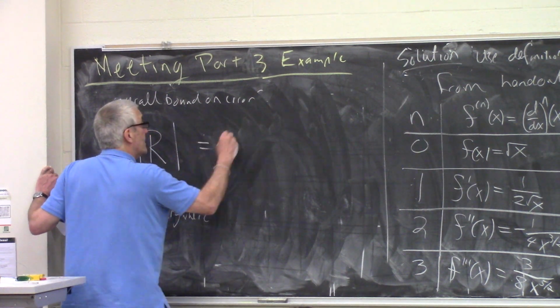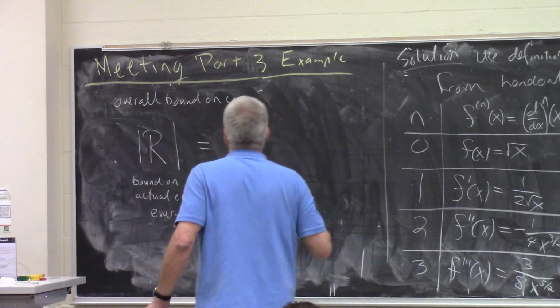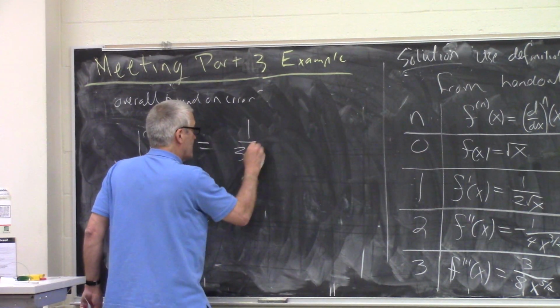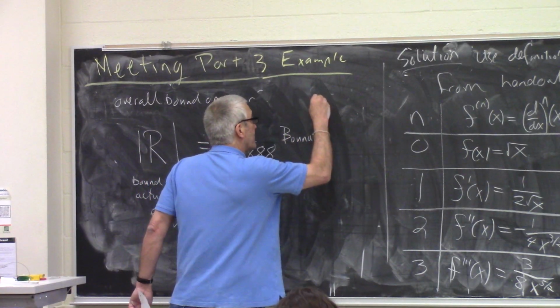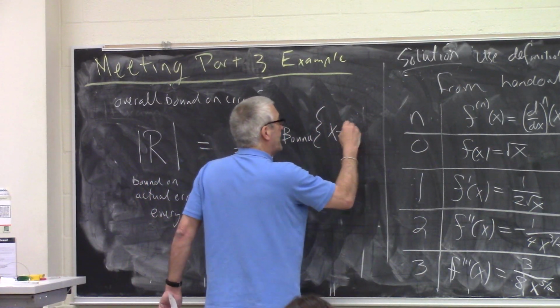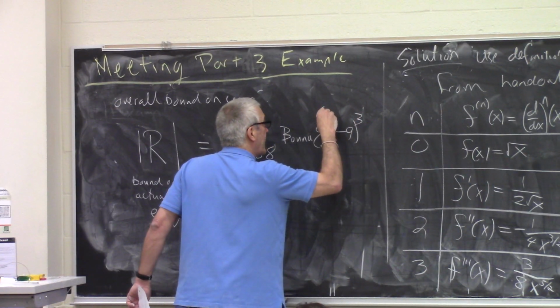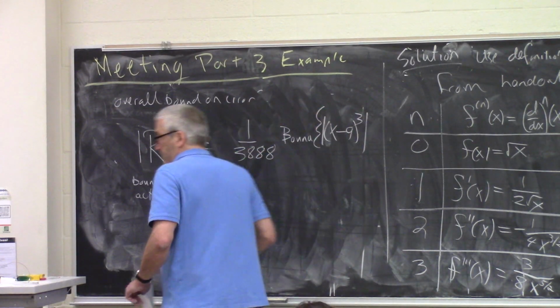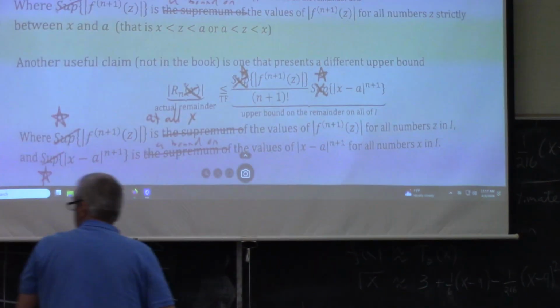Well, that's going to be that number, 1 over 3888, times whatever the bound is on this set, absolute value of x minus 9 cubed. And we have to take the bound over all the x's in that interval.